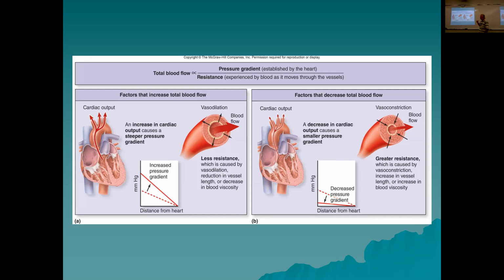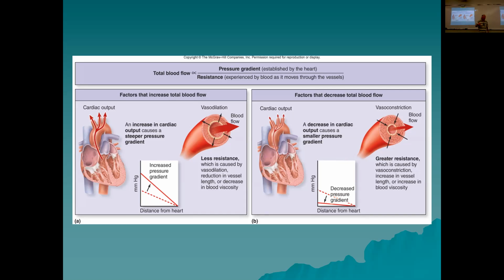Okay. So this is going to be blood vessel 3. Okay, so here is where we left off. And this is talking about right now about total blood flow, pressure gradient over the resistance.